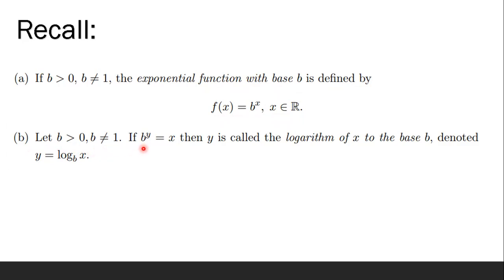If b raised to y is equal to x, then y is called the logarithm of x to the base b, denoted by y is equal to logarithm of x base b.